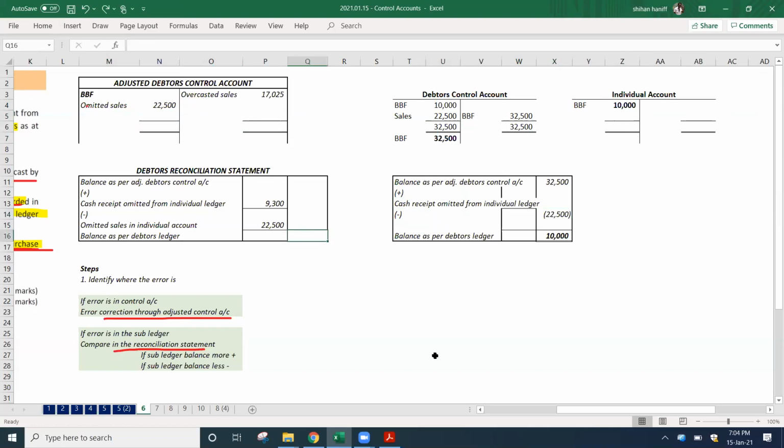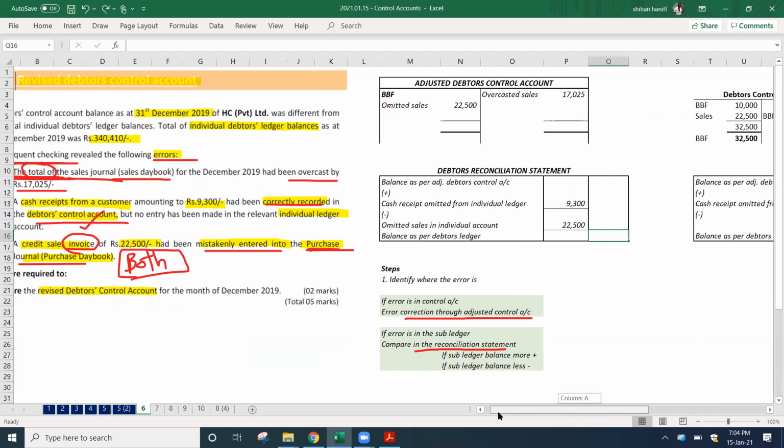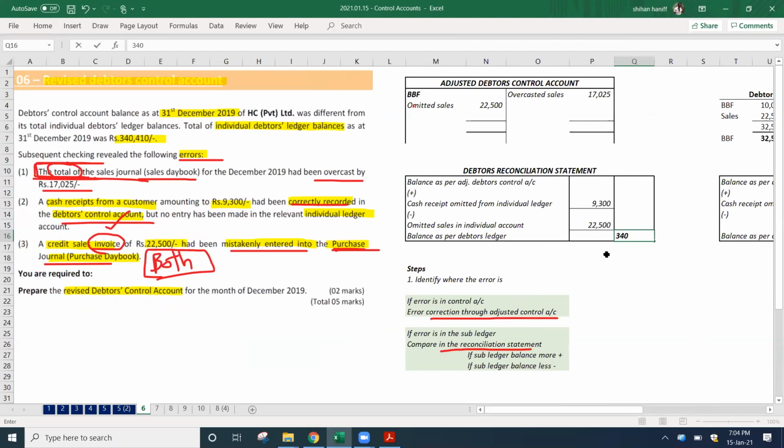Okay. Now the closing balance is given: 340,410. Now let's calculate the debtors account closing balance. So how do you calculate? Minus will be plus, plus will be minus.